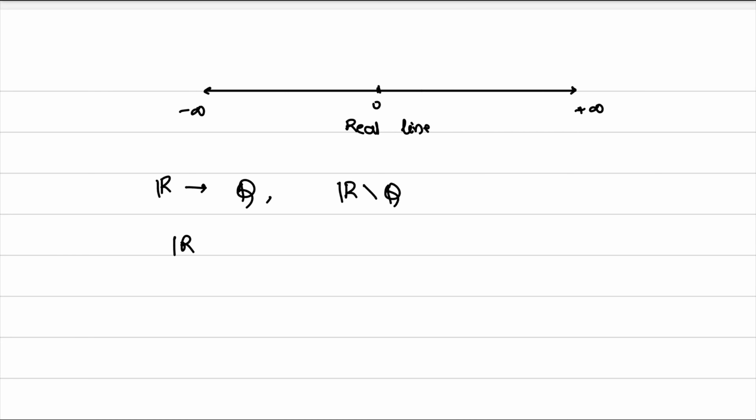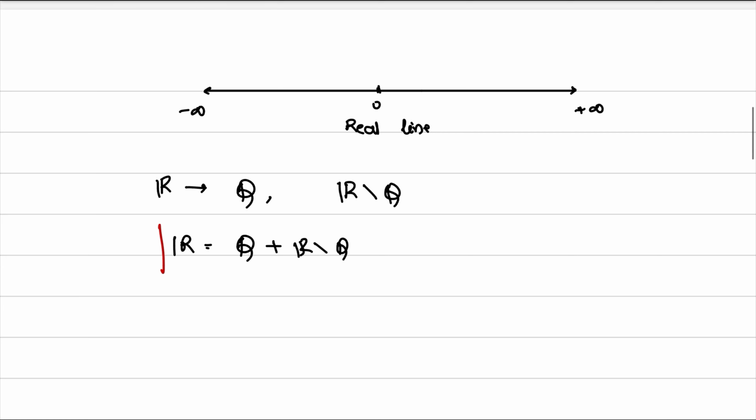The total real number set is rational numbers plus irrational numbers.